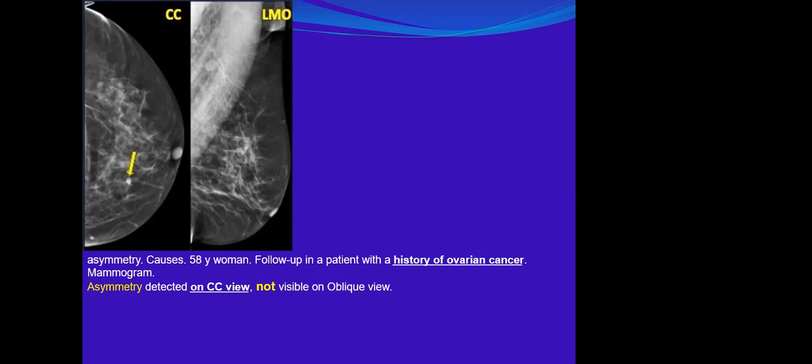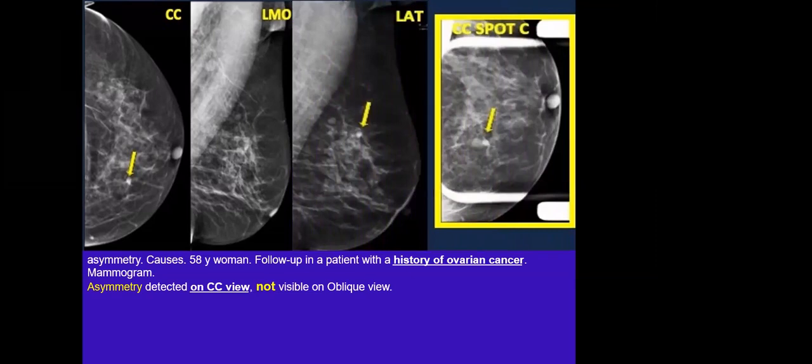In this patient, I have to do further imaging. They have done spot compression, and it is still there. This is the spot compression, and this one is the MLO.